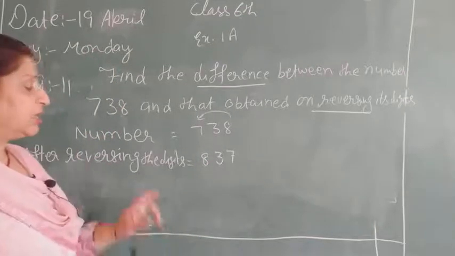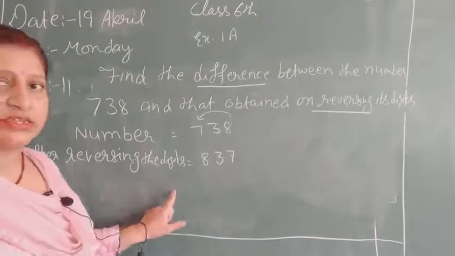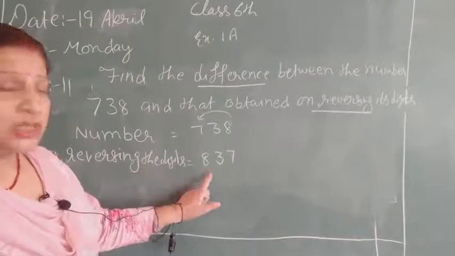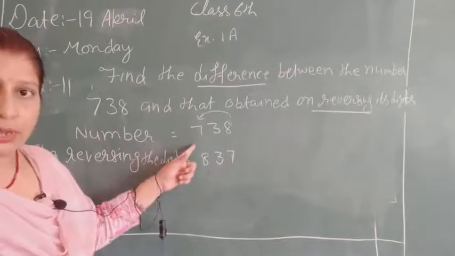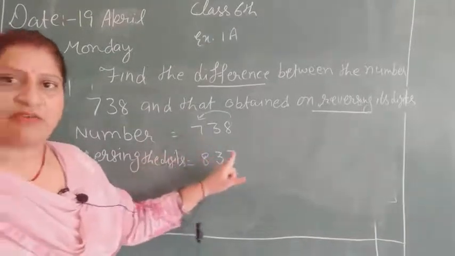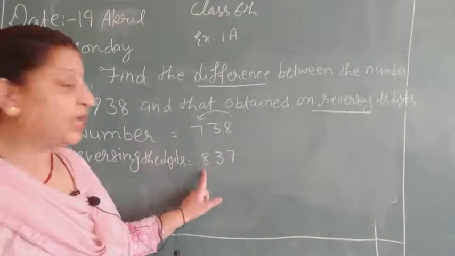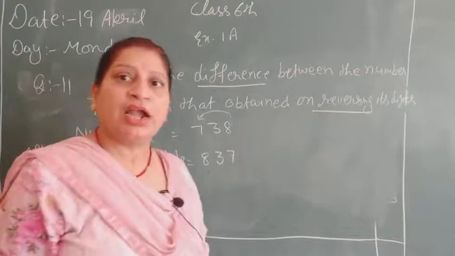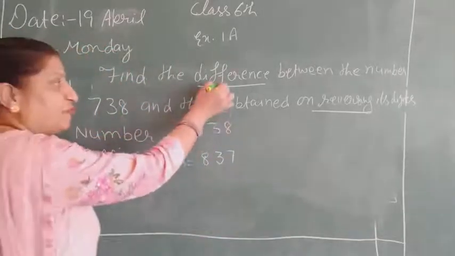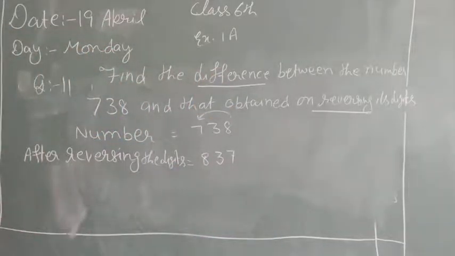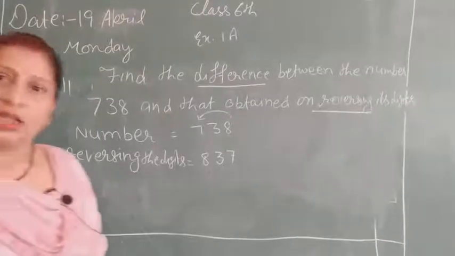Now we see that after reversing the digits, our number is greater than the given number, because the given number is 738 and after reversing the digits the number is 837. And we have to find the difference. So in difference, first of all, we write the greatest number.